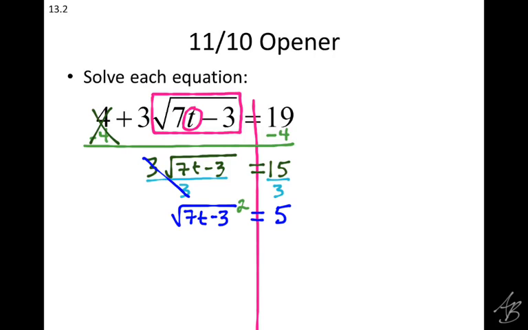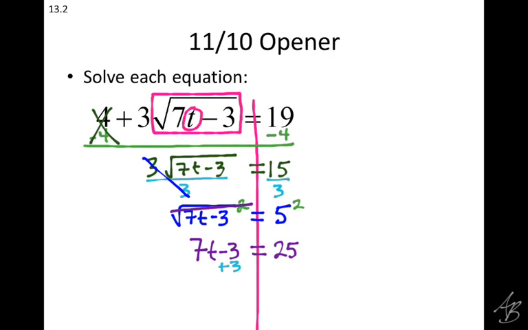So we square the left side, which means then we have to square the right side. All right, so again, we're going to have some stuff cancel here. The square root and the square cancel, which leaves what? 7t minus 3. So we're just left with what was in the square root. And then on the right side, 5 squared is 25. All right, now what? Okay, now we're just solving like we normally do.